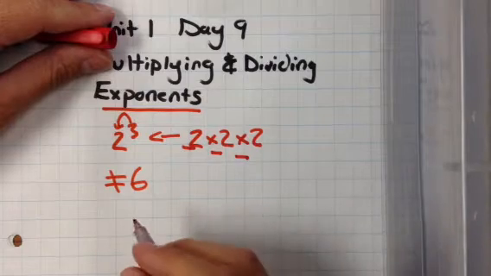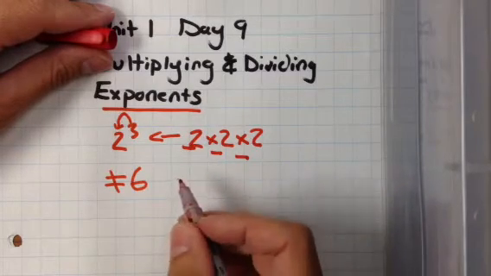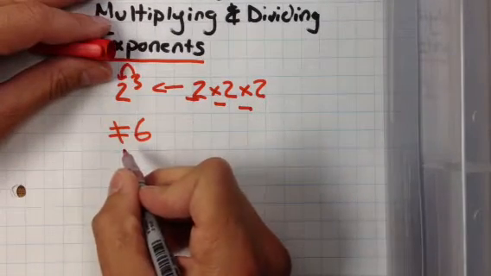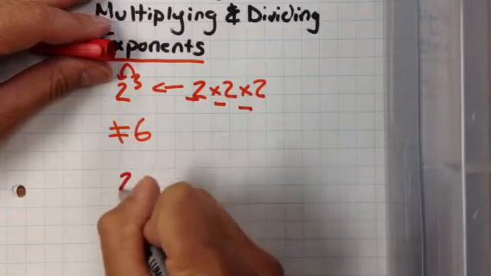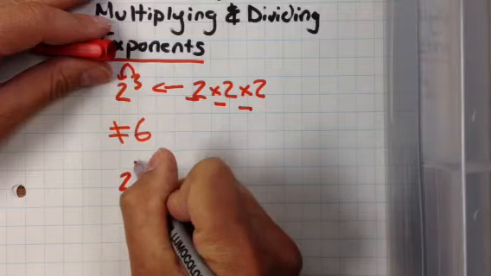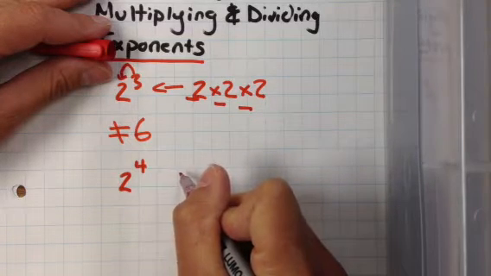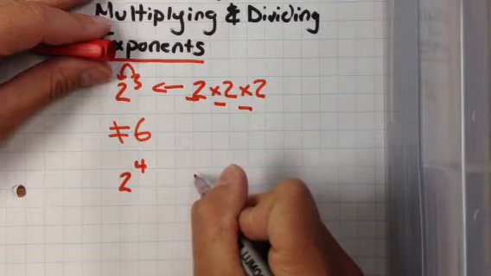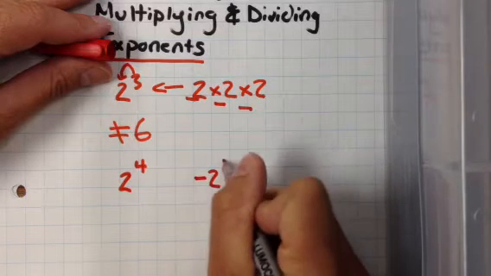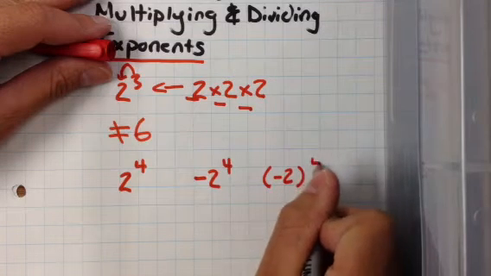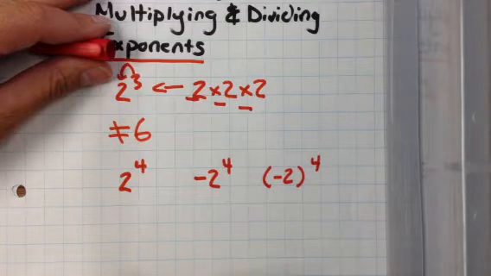The next thing would be how do I work with them, and how do the exponents work? Well, the next part that we have to understand is, if I wrote something like 2 to the power of 4, or something like negative 2 to the power of 4, or bracket negative 2 to the 4, they almost all look the same, but they are a little bit different.